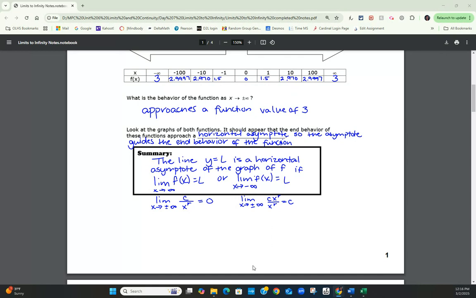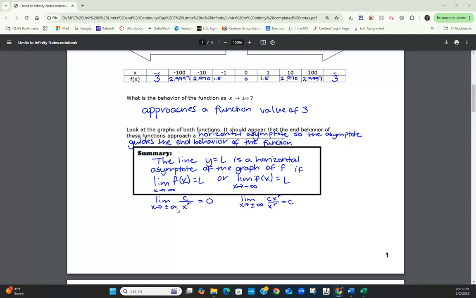So the line y equals L is a horizontal asymptote of the graph of f if the limit as x approaches infinity of the function is that value, and or the limit as x approaches negative infinity of this function is that value of that horizontal asymptote.